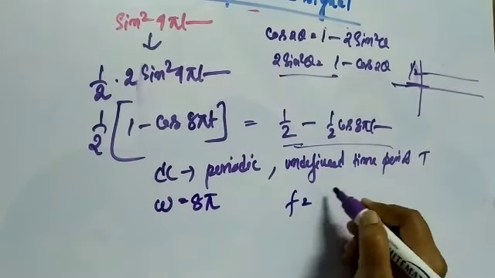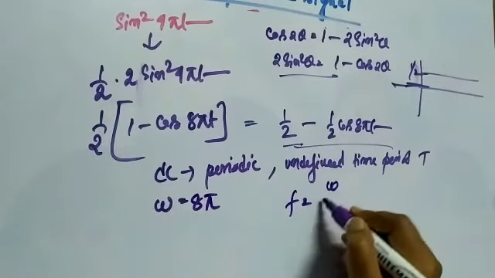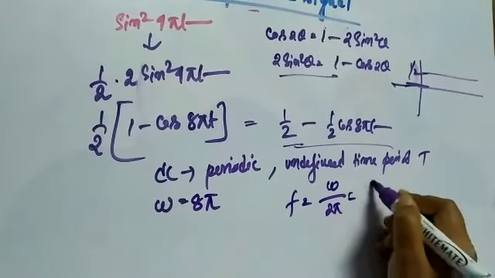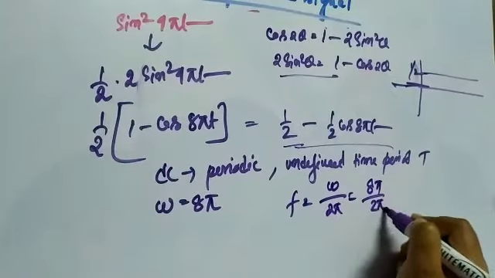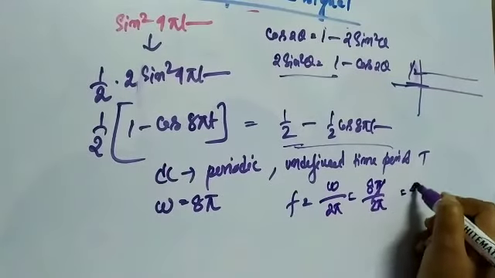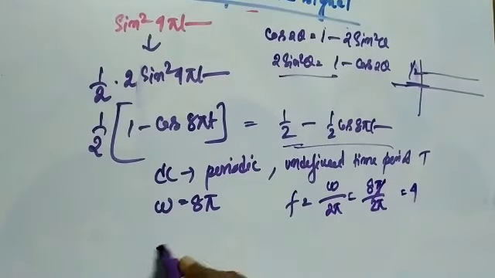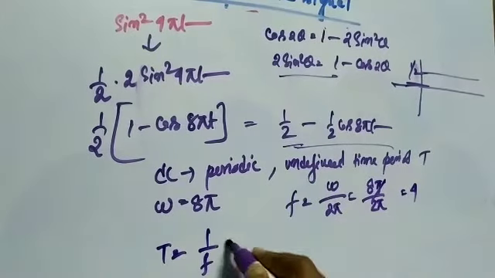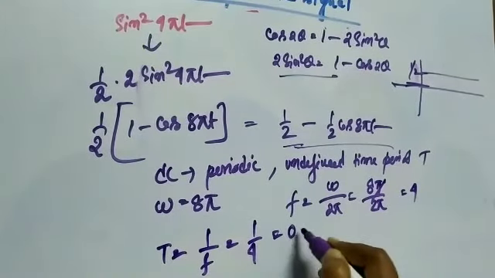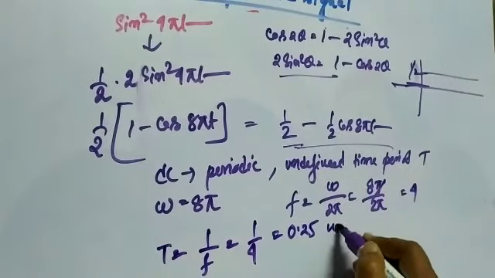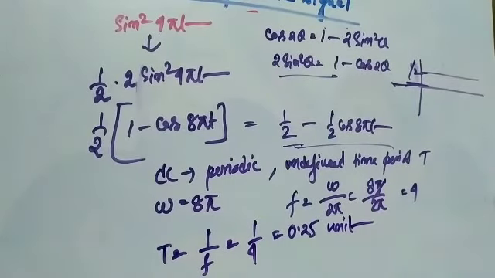So f equals omega by 2 pi, or 8 pi by 2 pi, that is 4. So T equals 1 by f, that is 1 by 4, which is equal to 0.25 unit. It may be second or millisecond, whatever. If the unit is given in the question, you can write it here.